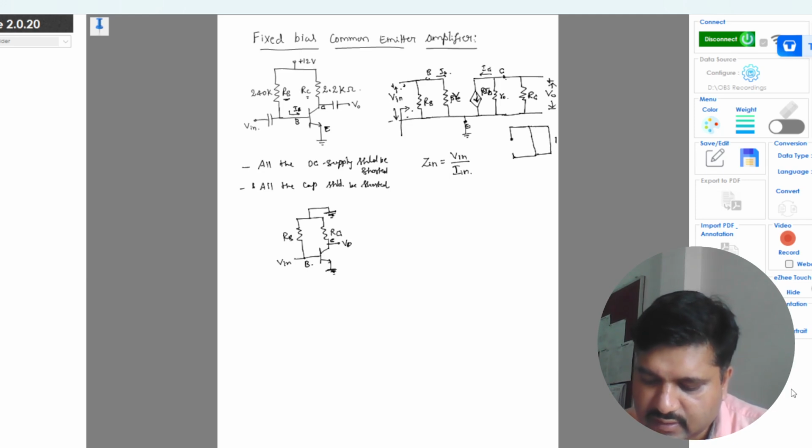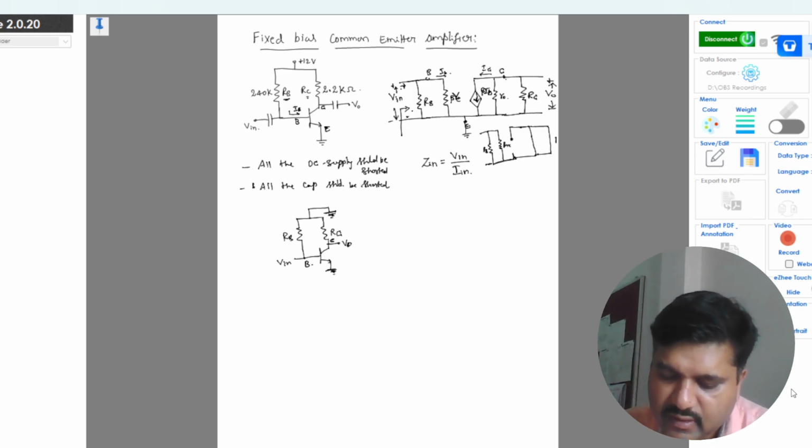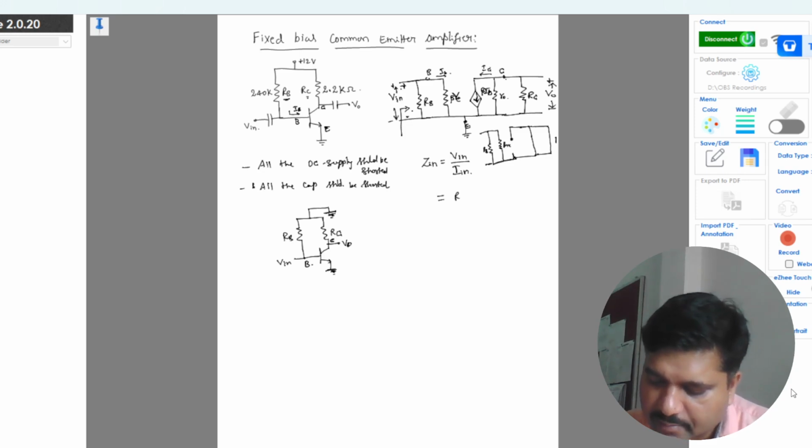R0 is again open circuit because it is a large value. Only beta RE and the resistance RB are left between the input terminals. So Zin will be RB parallel with beta RE. That is our input impedance, equation 1.